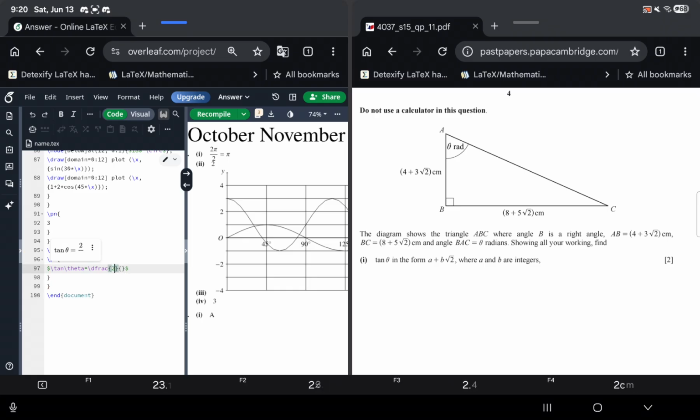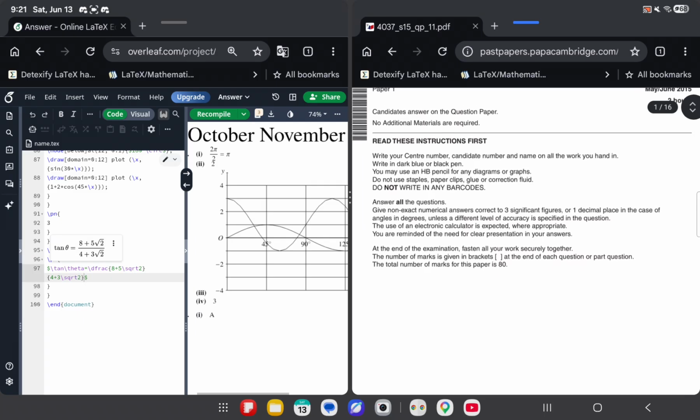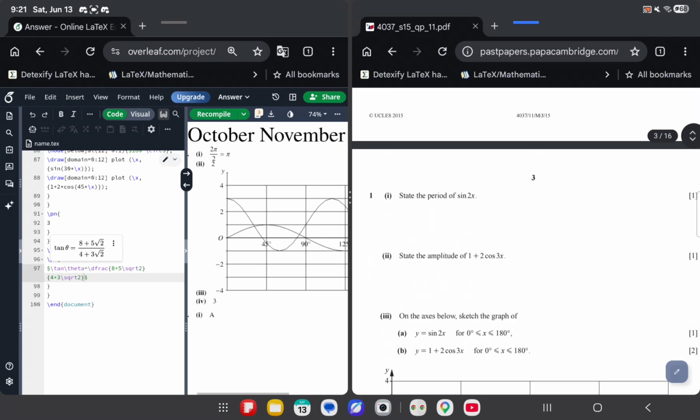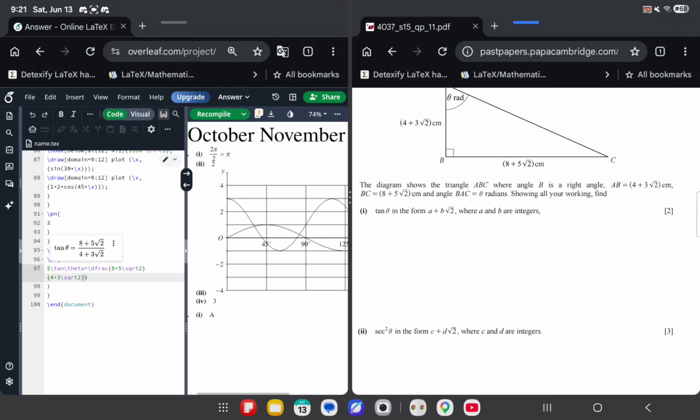Opposite is 8 plus 5 root 2 all over 4 plus 3 root 2. We have a plus b root 2 where a and b are integers.